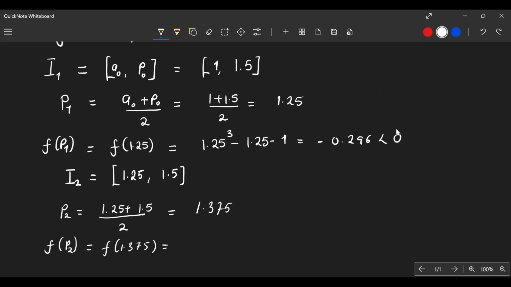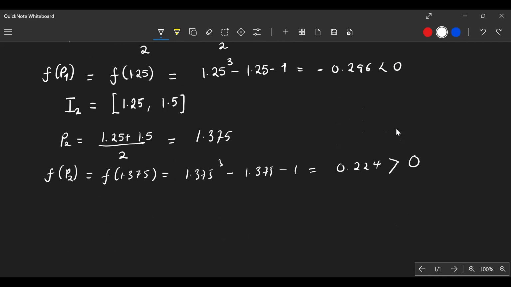And this is equal to 1.375 to the power 3 minus 1.375 minus 1. Okay, so let's see. So I'm getting a positive value, which is 0.224. And this is greater than 0. Now I'll check my previous interval.